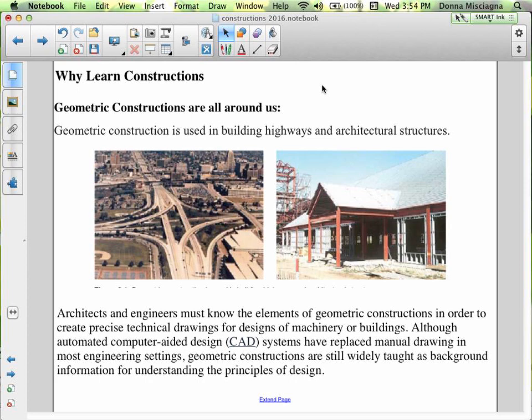Although automated computer-aided designs, CAD systems, have replaced manual drawing in most engineering settings, geometric constructions are still widely taught as background information for understanding the principles of design. So if you're interested in designing something, geometric constructions are important.